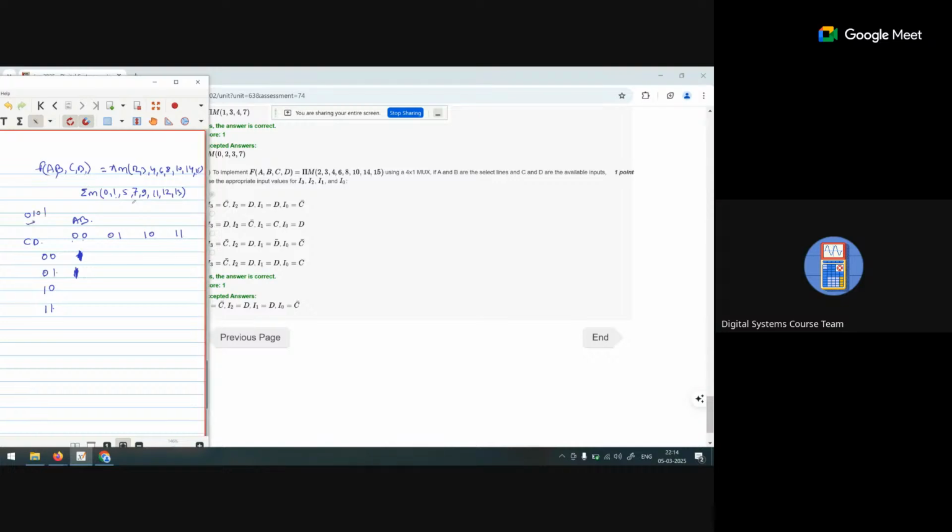So this is the AB and this is the C. So it is different. 7. 0, 1, 1, 1.